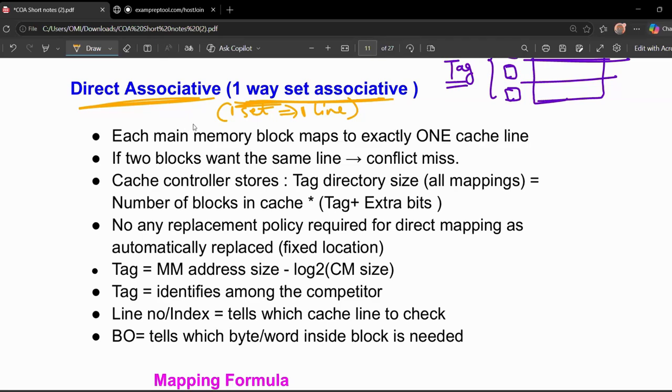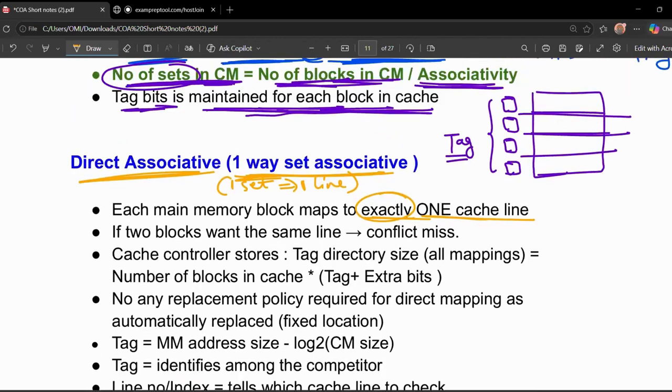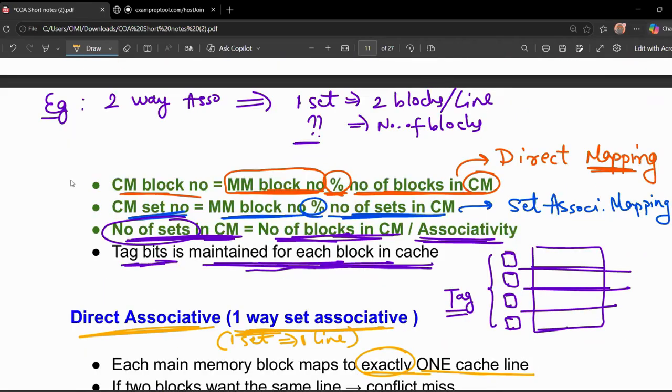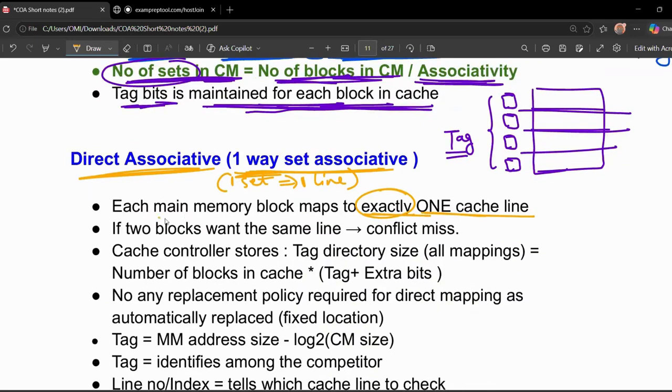Now see the points: each main memory block maps to exactly one cache line. How does it map? With this formula, each main memory block will map to a cache line.